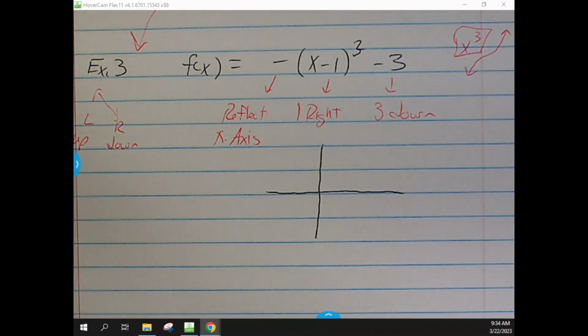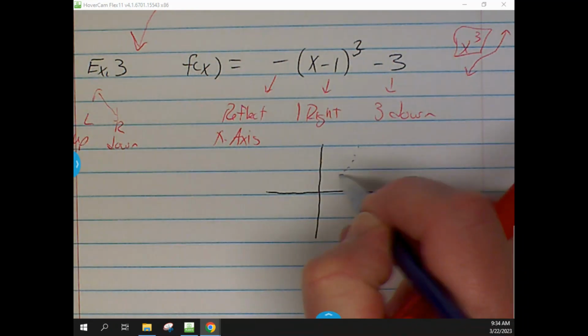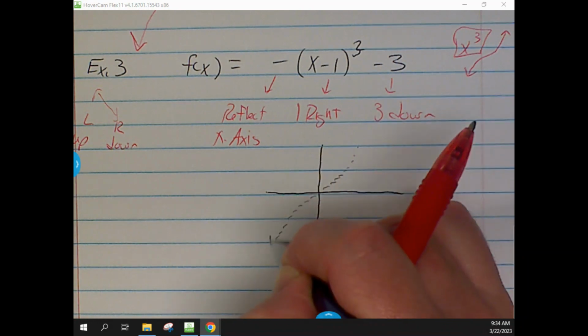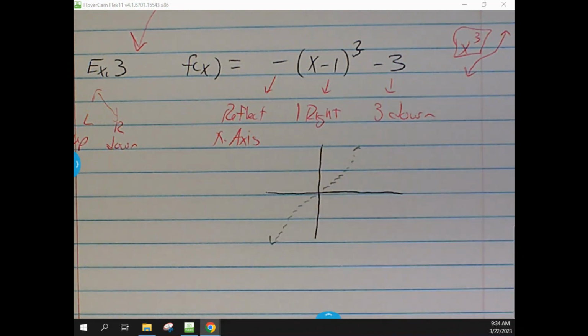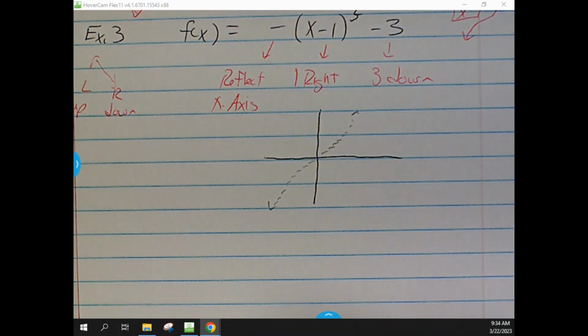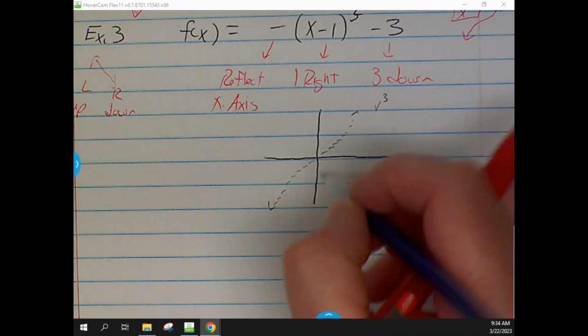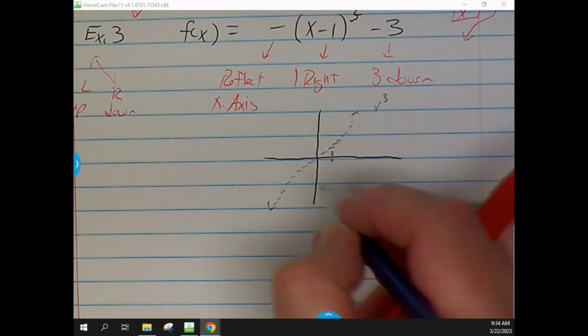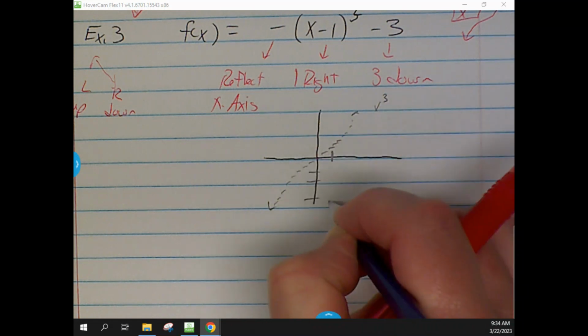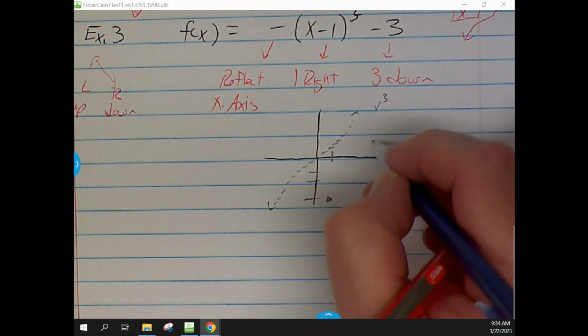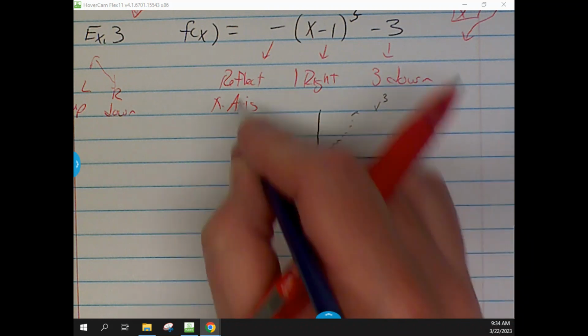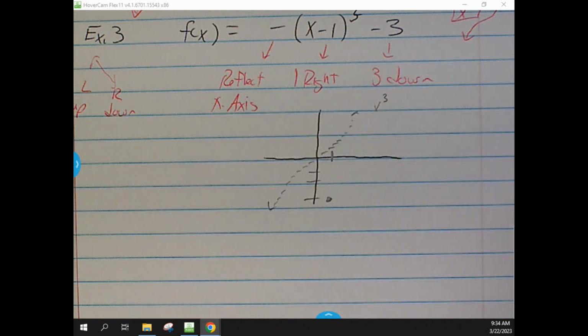Again, normally x to the third, just so we got the visual of it, will look something like that. But again, we're going to move it 1 space to the right. We're going to go 3 spaces down. 1, 2, 3. So that'll put us here. And normally it would go through like this, but again, we got to reflect it. So now we're going to flip it. So now it's going to go the opposite.